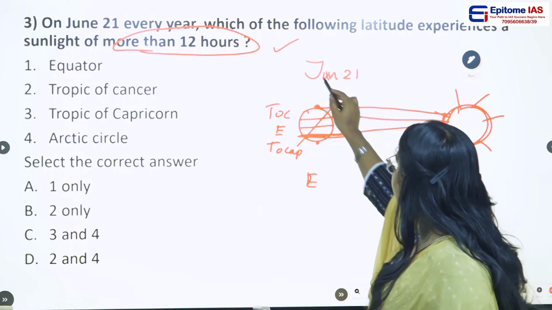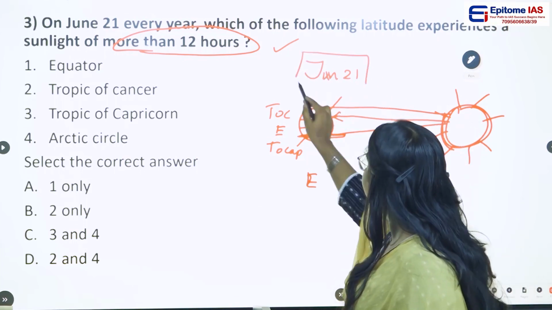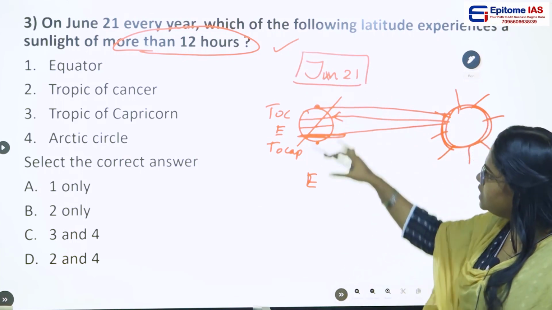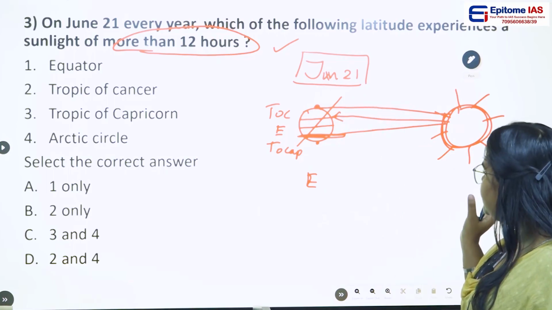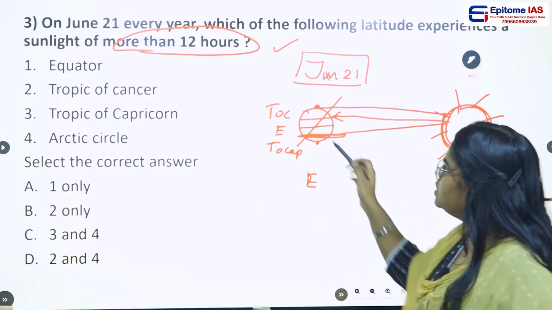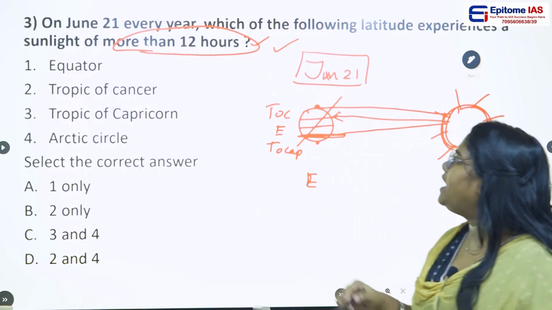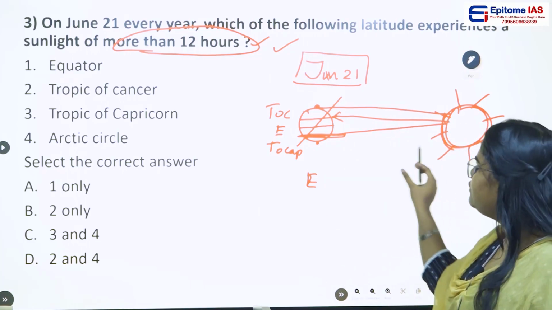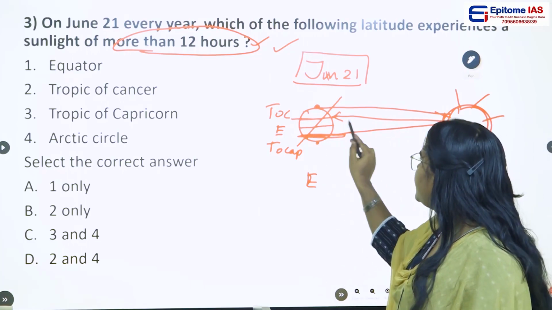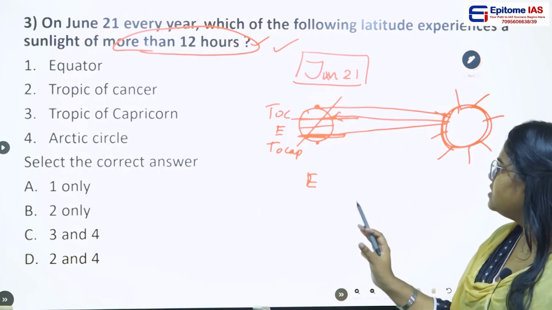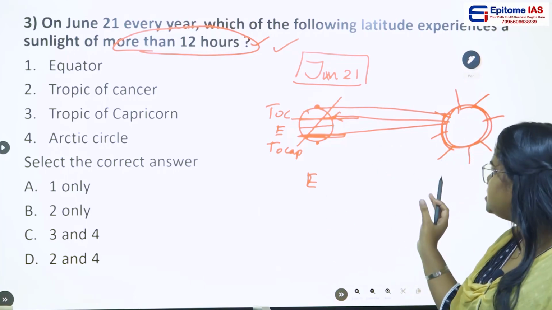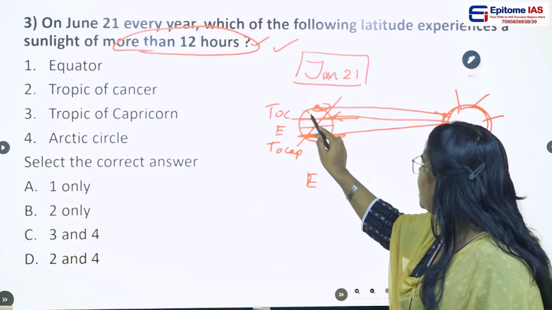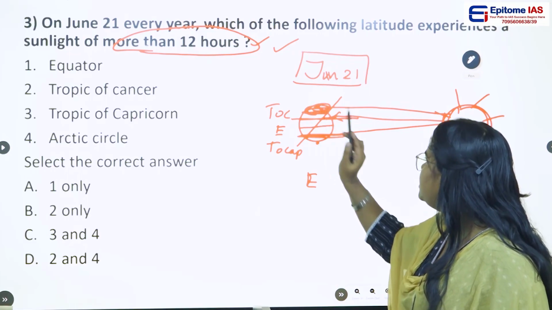So they are asking that on June 21, which of the following latitudes will be having sunlight of more than 12 hours? So clearly if you see, the Tropic of Cancer is going to have the sunlight of more than 12 hours. And if you see the Arctic Circle, it is somewhere near here.